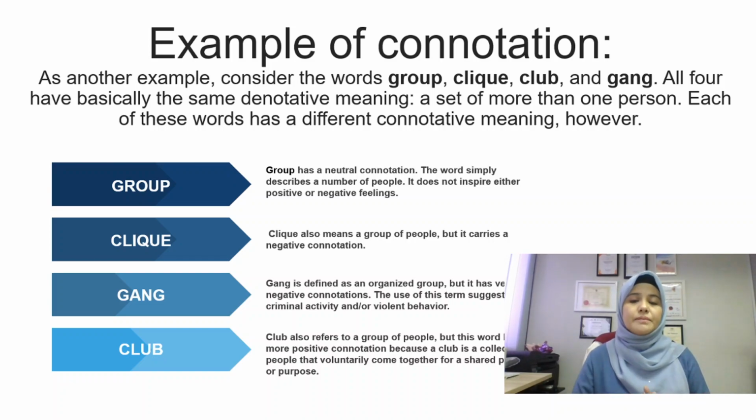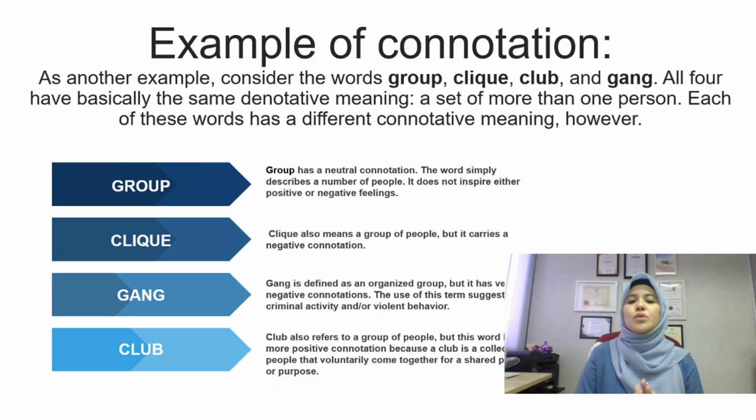Okay, for example, using the word group. A group is a set of more than one person. However, these three have different kinds of connotation. Group is a neutral connotation. Clique is a negative connotation, where their togetherness is a little bit too strong.